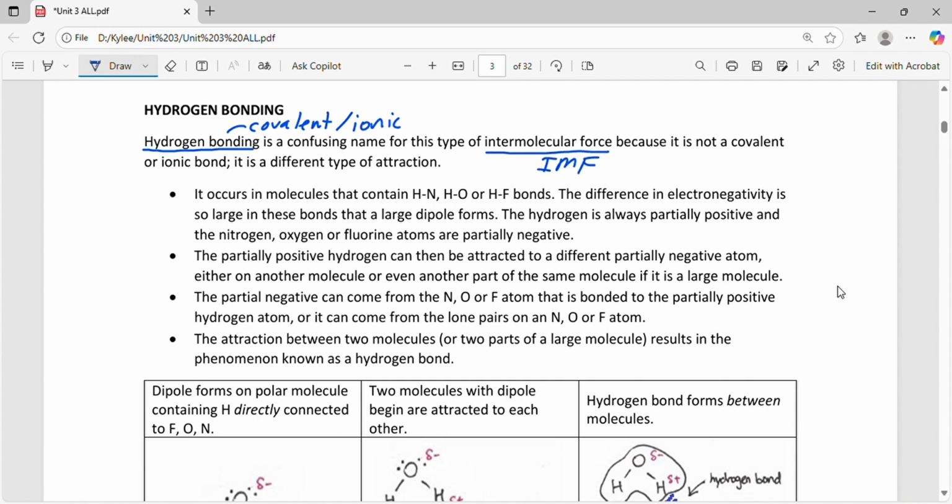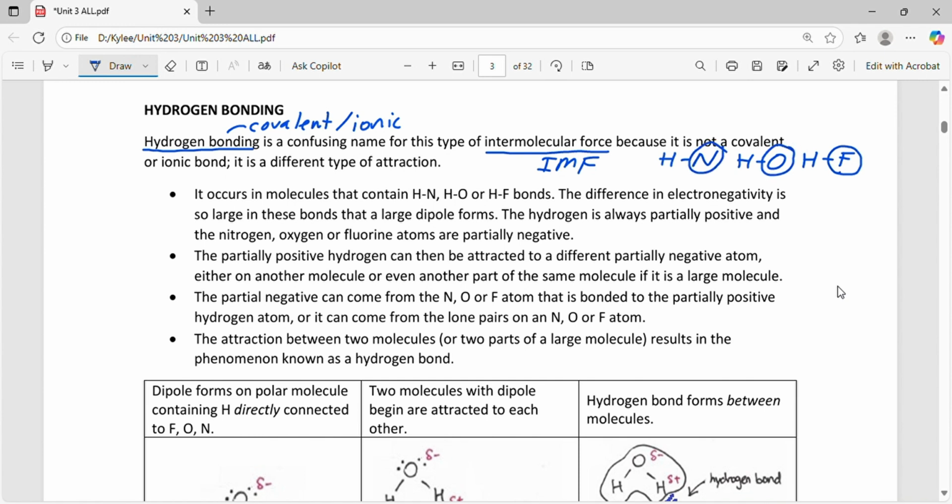Now, they get their own category because the electronegativity difference between H and N, H and oxygen, and H and F, they have a big difference in electronegativity. That means that this bond is going to be superpolar because it's fluorine that does this, oxygen that does this, and nitrogen.